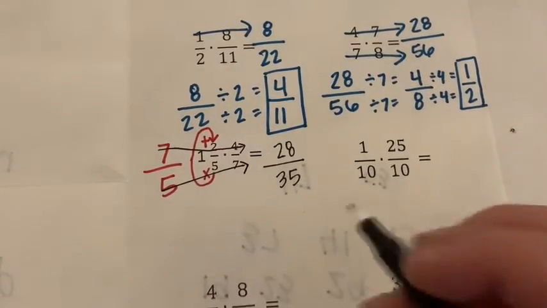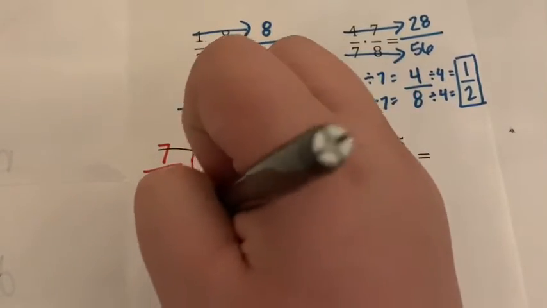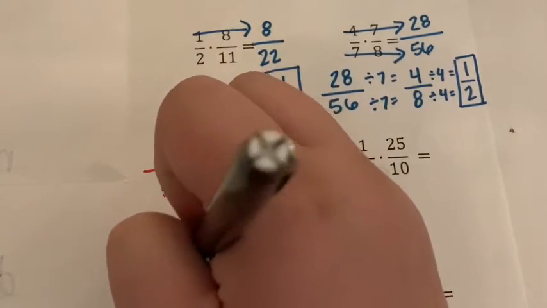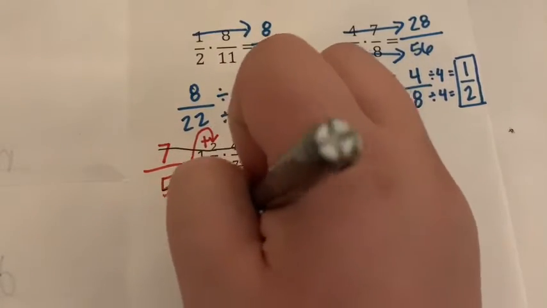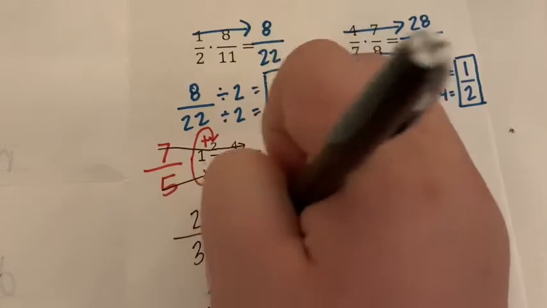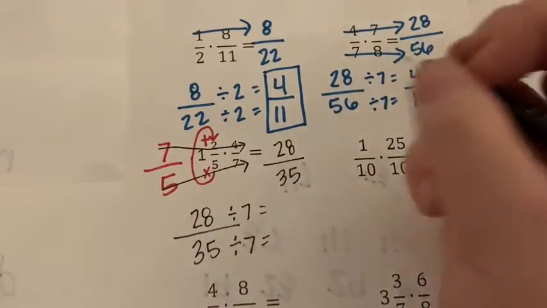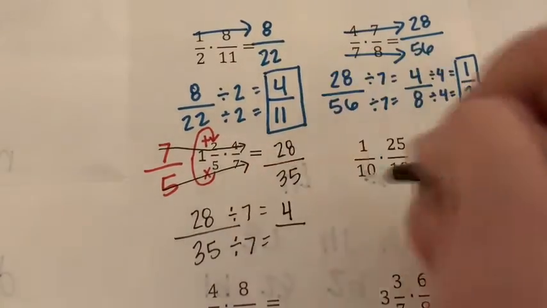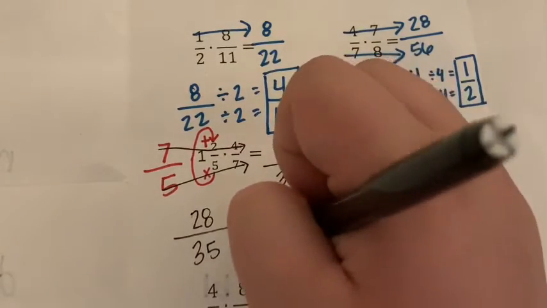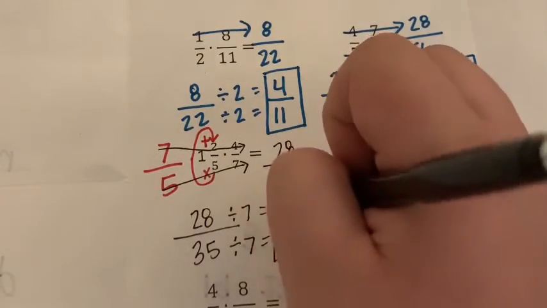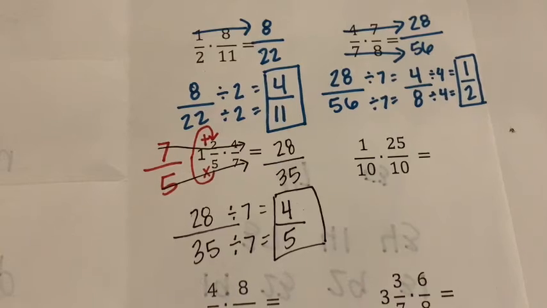We know 2 doesn't work because they're not both even. What's 28 divided by 7? And 35 divided by 7? And our answer would be 4/5.